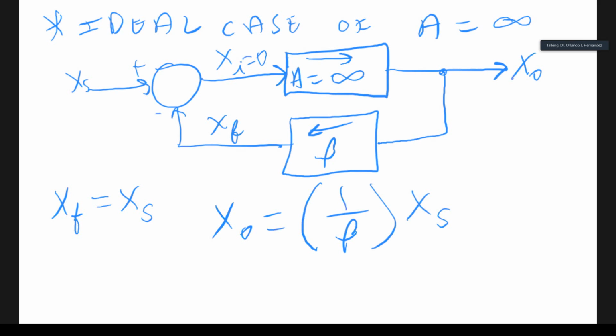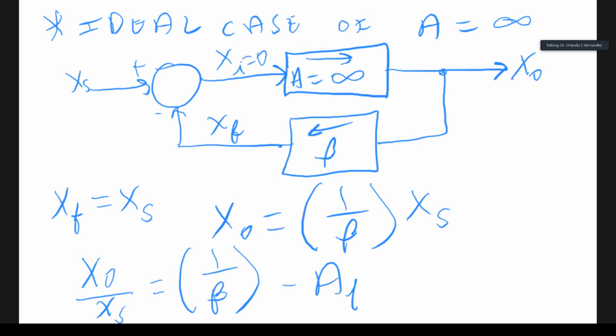And if we look at the definition of the closed loop gain, which is the output over the input, we get that it is 1 over beta, which is equal to the ideal as we defined it. So what this says is that if A is really, really high, ideally infinite, then we get our ideal closed loop gain. So that makes sense.